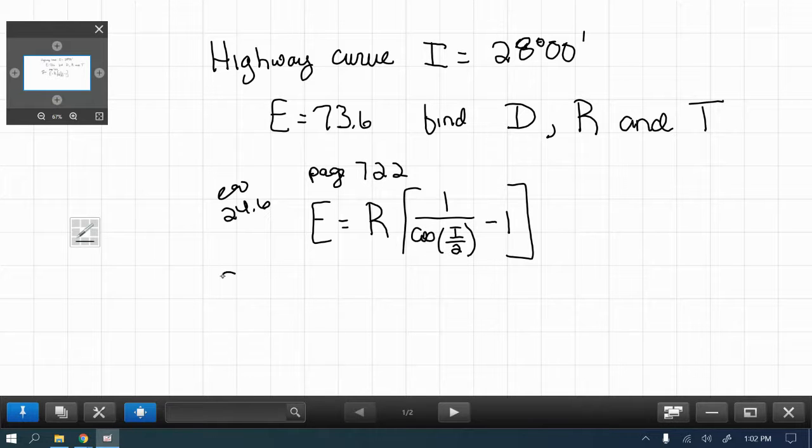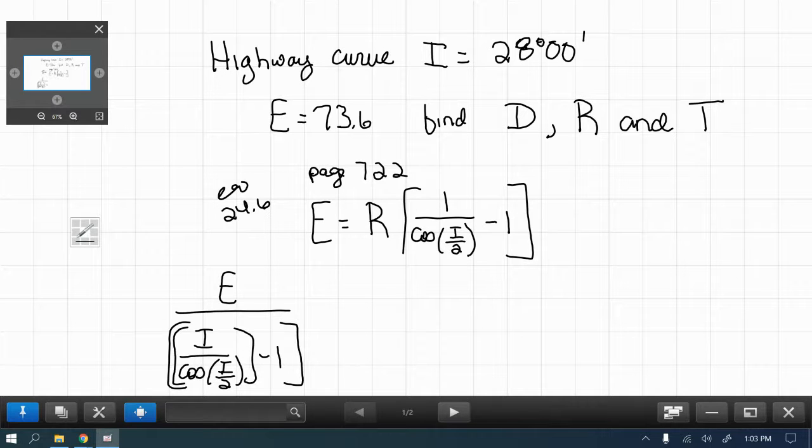So actually, we can say E is equal to that'll work out better for me.